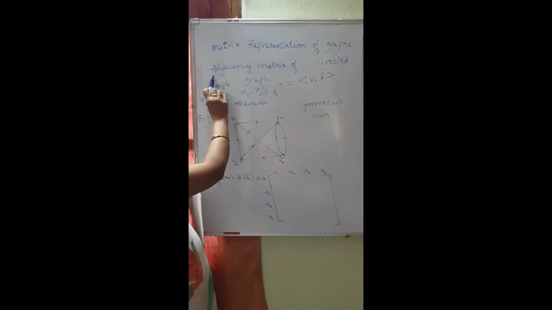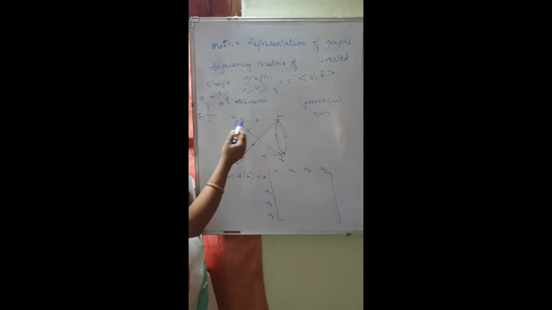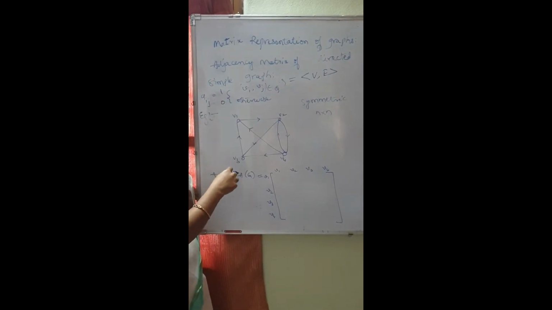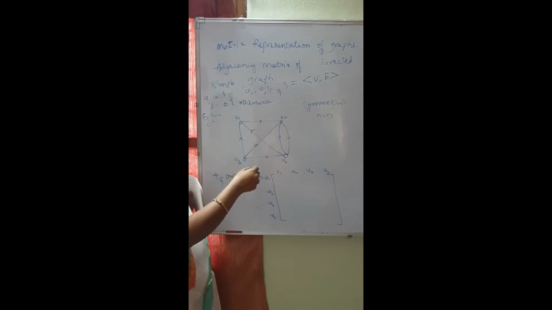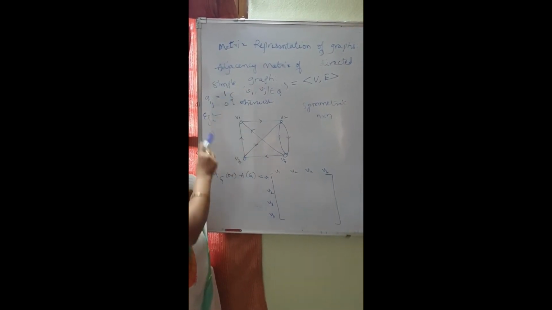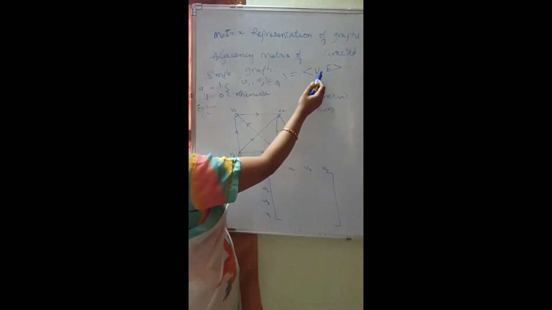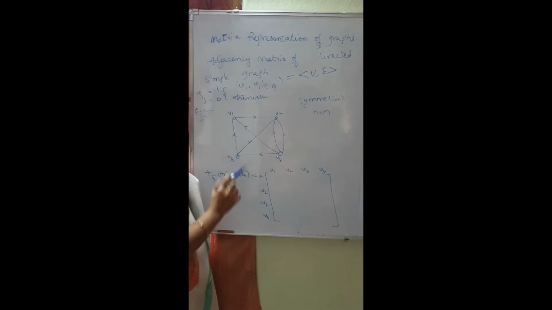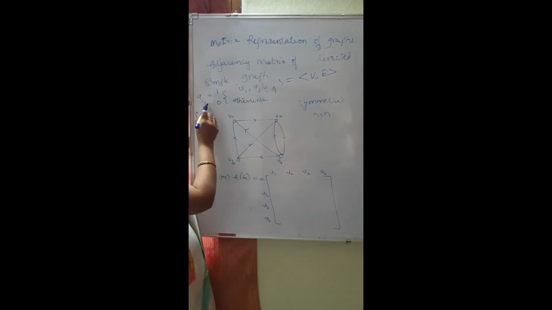Now I am telling you the definition of the adjacency matrix of a directed simple graph. Previously we discussed an undirected simple graph. Now I am giving the example of a directed simple graph. Here again we consider G as the set of vertices and edges, and we represent this graph in matrix representation by the definition.